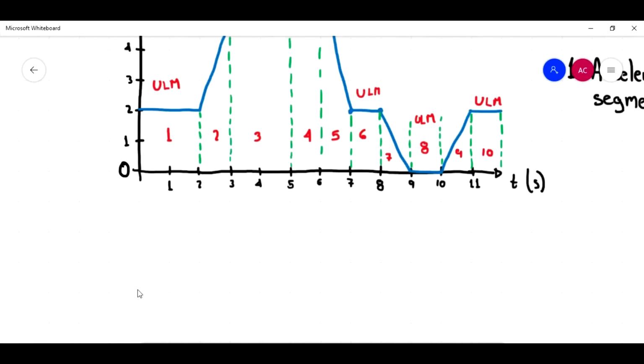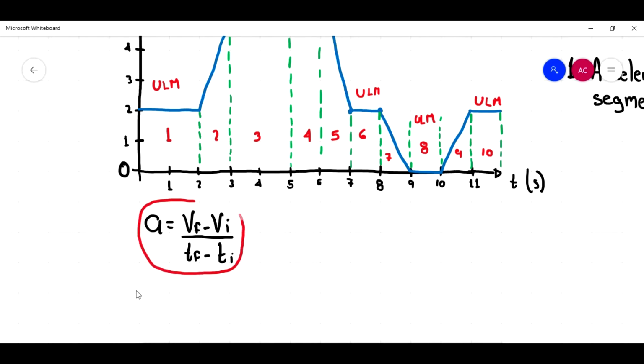Right here below, I'm going to write the formula that I'm going to use to find the acceleration. So acceleration equals the final velocity minus the initial velocity over final time minus initial time. This formula is very important, so I'm going to circle it.